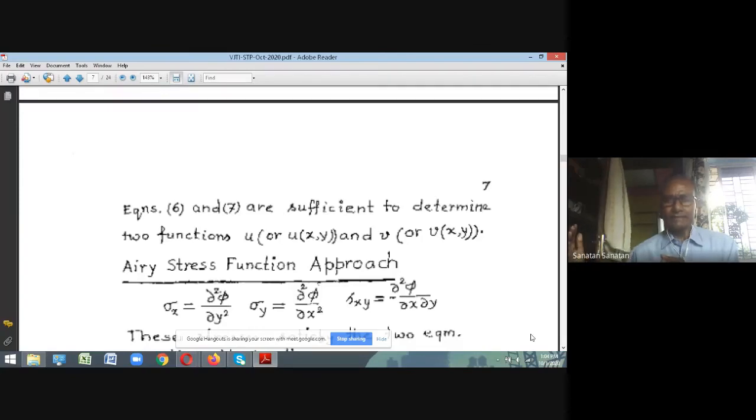So the right segment has deformation u2 and the left segment has deformation of the point in the right direction by u1. So what is the compatibility condition? Both the points are going to have the same extent of deformation. That is the compatibility condition.